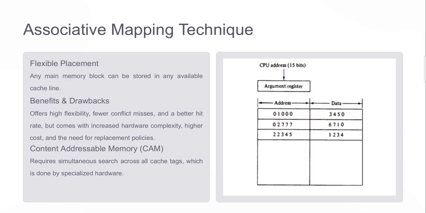It uses content addressable memory. The other name for associative memory is content addressable memory, where the address and the content are both stored as a memory word. This is your memory, and here we use CAM as our cache.